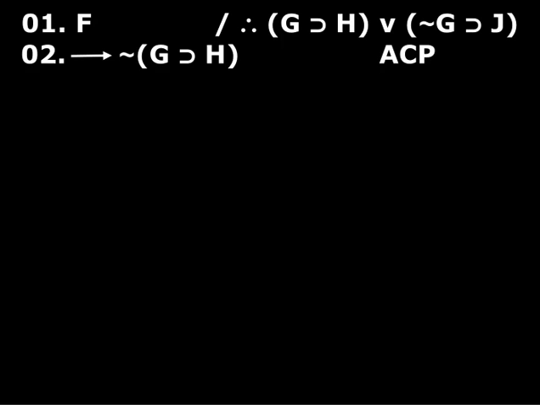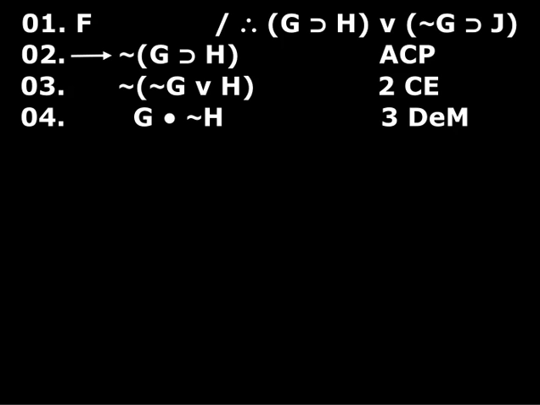Okay? How am I going to do that? Well, do conditional exchange on 2, horseshoe becomes a wedge, negate the G, G becomes not G, everything else stays the same. I'm going to do De Morgan's on this to get G and not H. I'm going to simplify the G off. Why? Because what I want to do is get a piece here that I can use to eventually get this conditional. And if I get G by itself, I can disjoin.